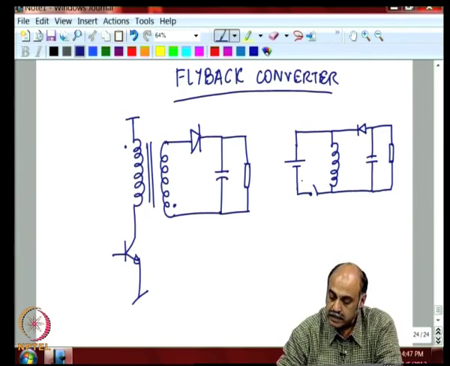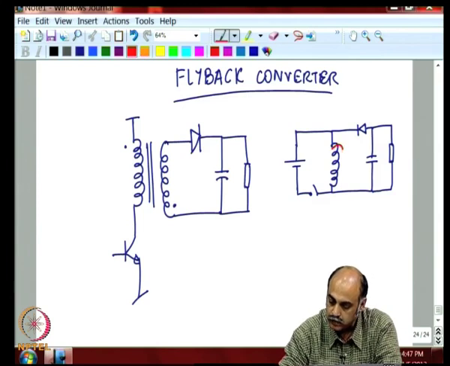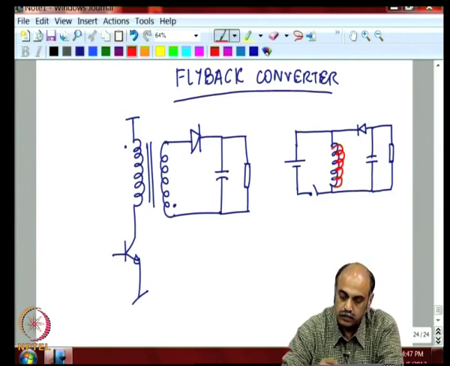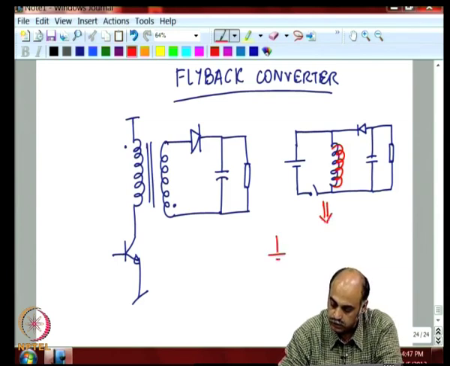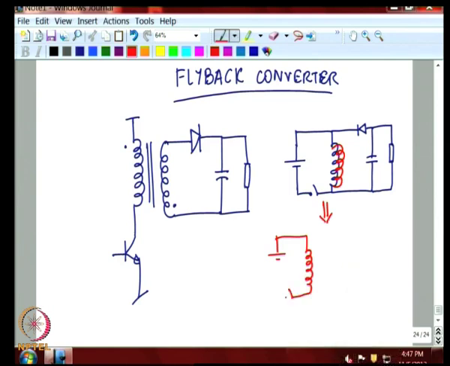Now, by putting this extra winding here, the primary side is still the same.